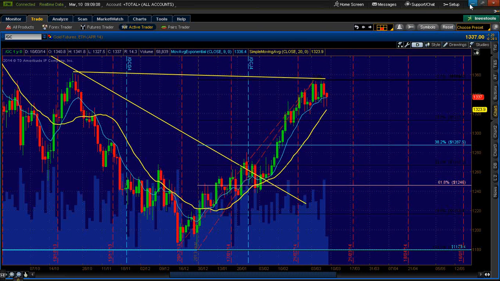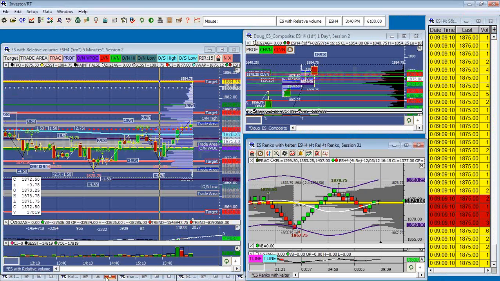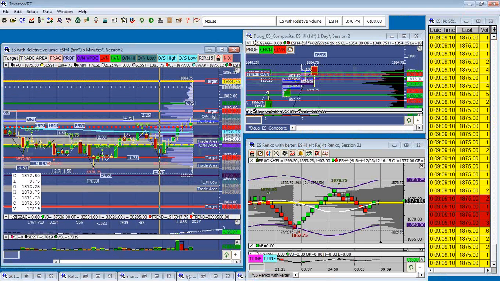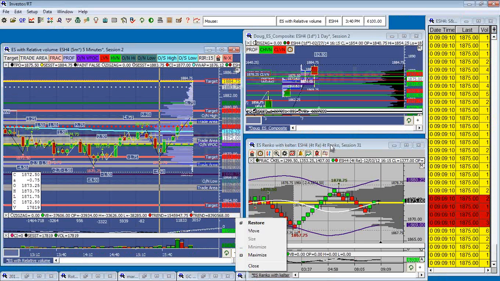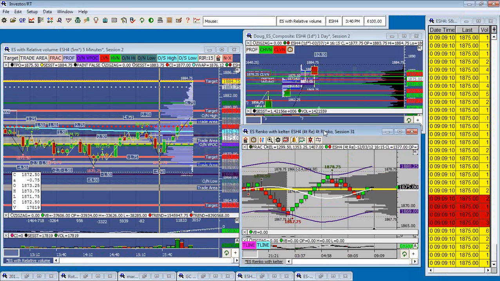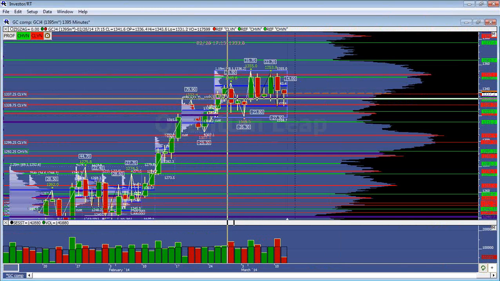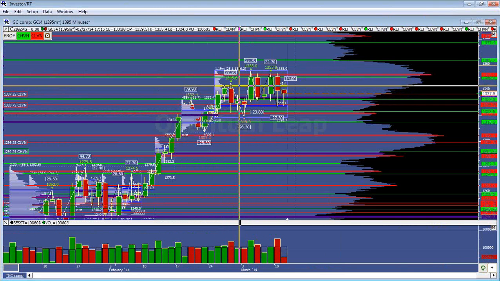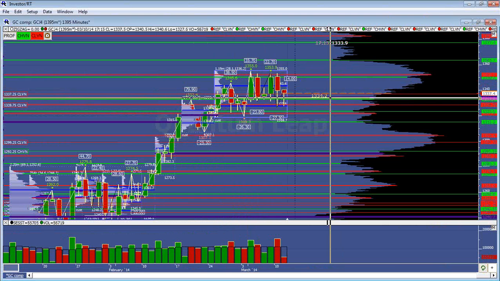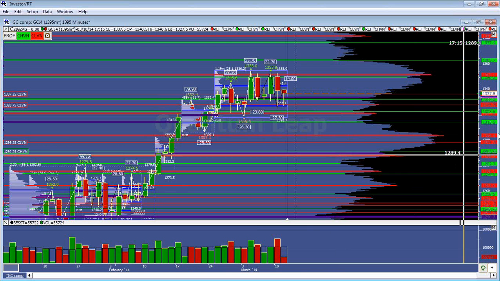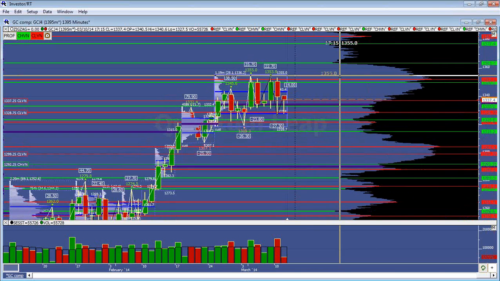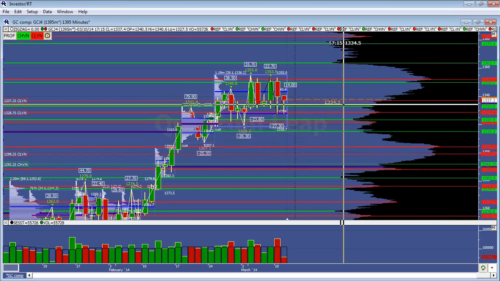Let's take a look what it looks like on the composite. You can see that we've got a pretty strong balance area right now with the microcomposite being at 1334 and 1334.20 area.